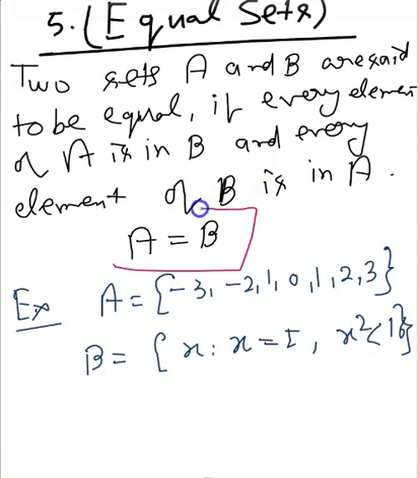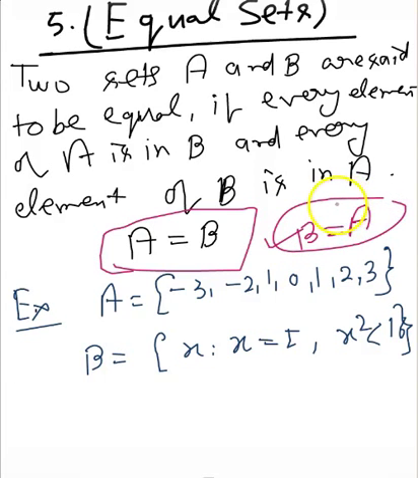And if both sets are equal, then we can write an expression like this, that A equal to B or B equal to A, both are the same. So if all the elements of A are in B and all the elements of B are in A, then both sets are equal sets. Or you can say that both have the same elements.